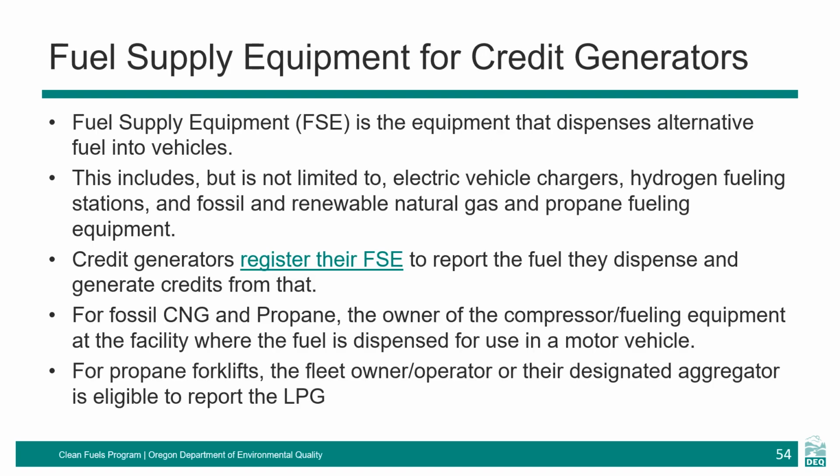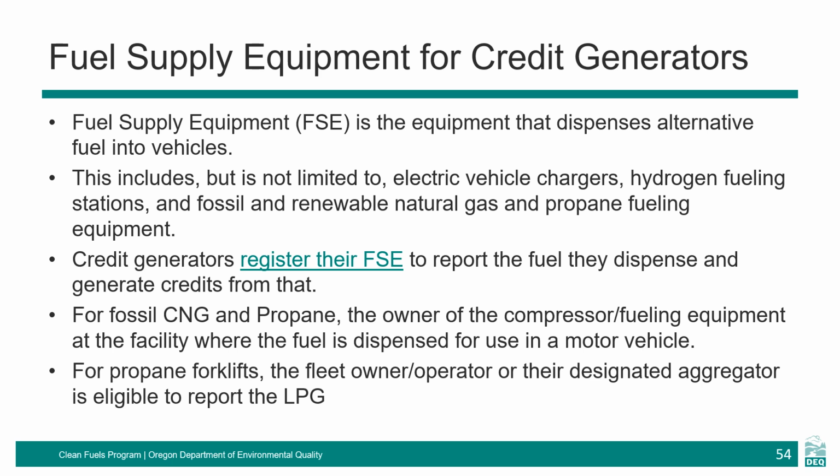Fuel supply equipment, or FSE, refers to the equipment used to dispense alternative fuels into vehicles, meaning electric vehicle chargers, hydrogen fueling stations, and equipment for dispensing fossil or renewable natural gas or propane. Credit generators register their fuel supply equipment to report the fuel they dispense, which then generates credits under the Clean Fuels program.